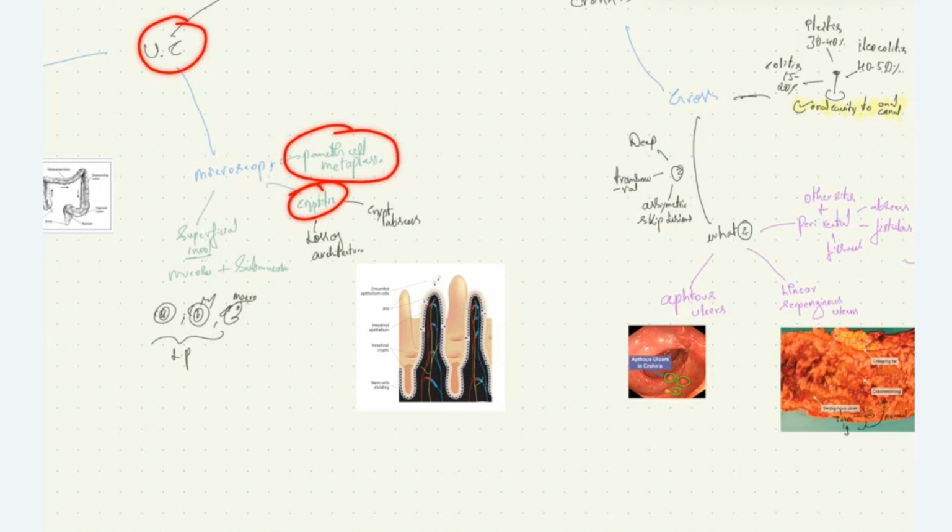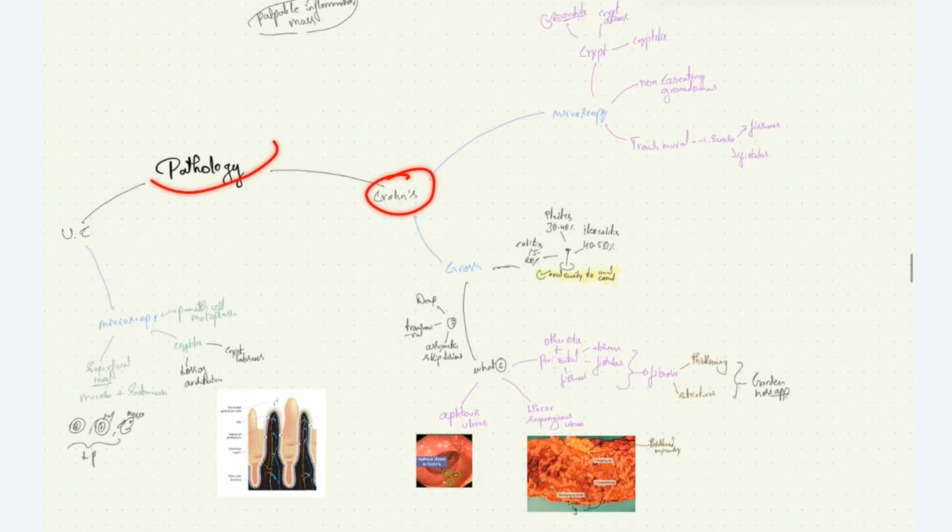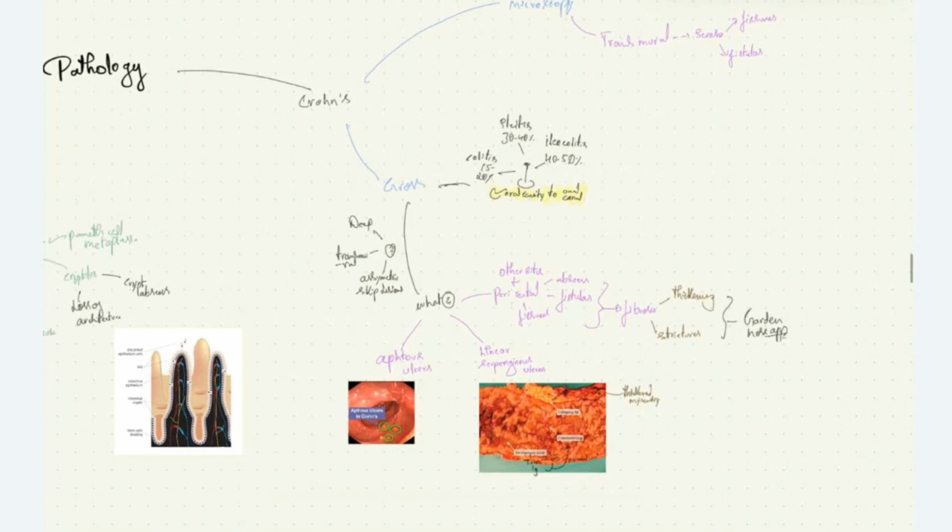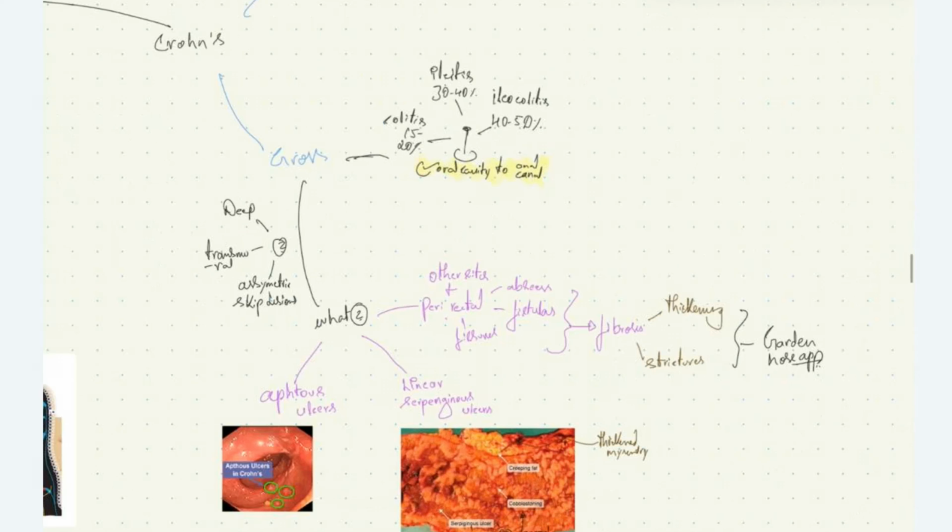Now let's proceed on to discuss the pathology in Crohn's disease. First, let's see gross. Crohn's disease can involve anywhere from the oral cavity to the anal canal. Most commonly, it involves ileum and colon, causing ileocolitis in 40 to 50% of patients, followed by isolated ileitis in 30 to 40% of patients, followed by isolated colitis in 15 to 20% of patients.